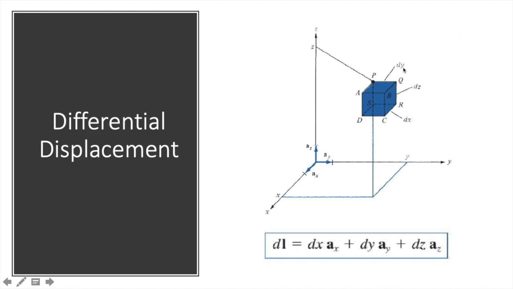As I said, the normal to the surface will lie in this direction, directed like this, outwards. So what will be the direction in that case? It will be minus ax. So if we write the surface of PQRS, then ds will be equal to dy dz and minus of the ax direction. So this will give us the surface PQRS.